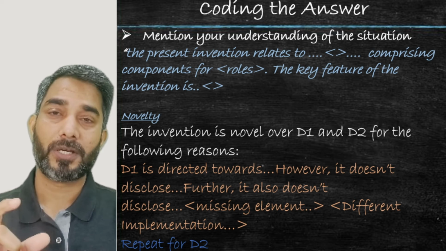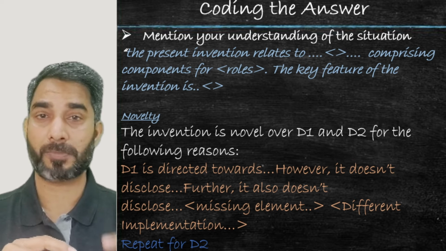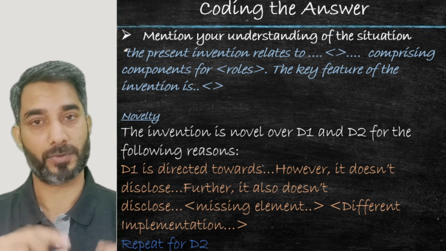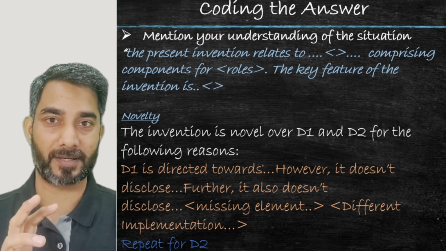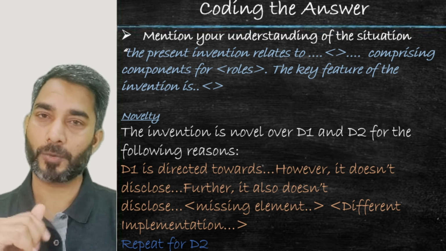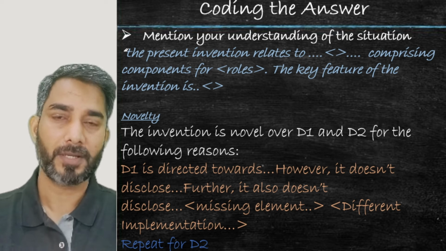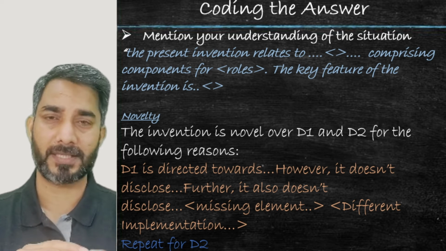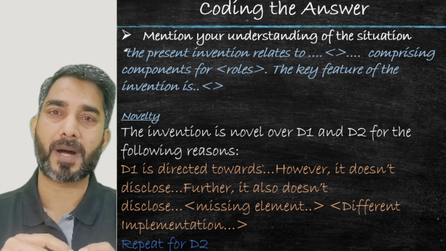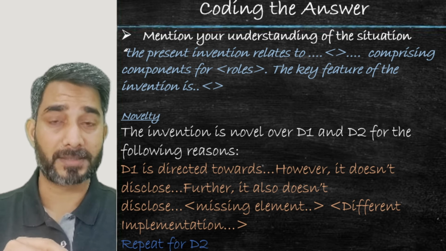And the way we do it is we identify all the components, all the features which were not part of D1 or which were not part of D2. Because if we are able to differentiate it, if we are able to identify the differences, then we are good. So the way to do it is, of course, we write D1 is directed towards, here also you write the objective, and you may say it comprises this, but the most important part is to write this particular sentence which says, however, it doesn't disclose.